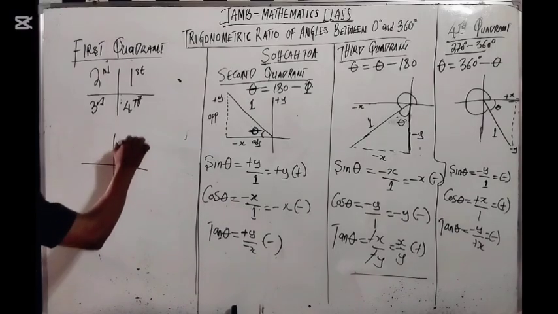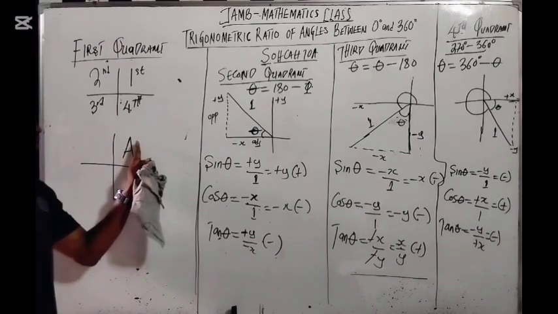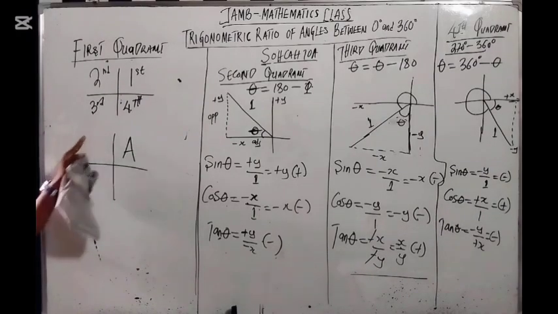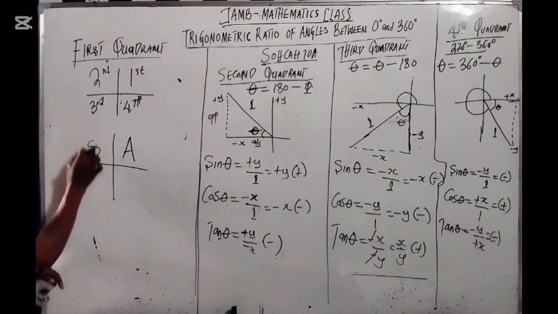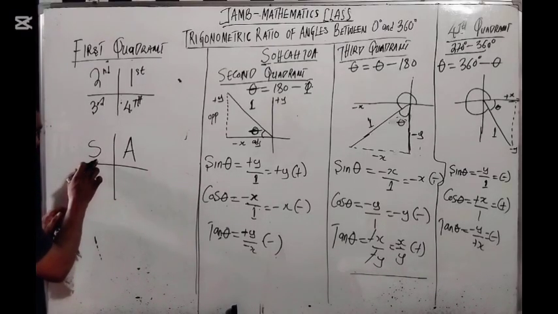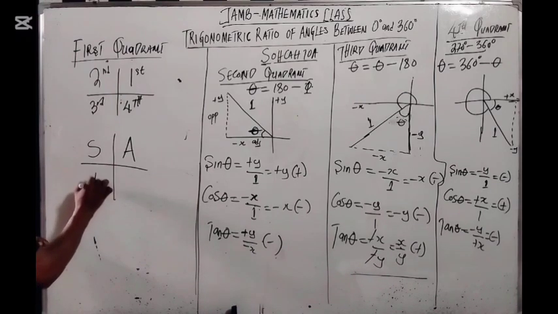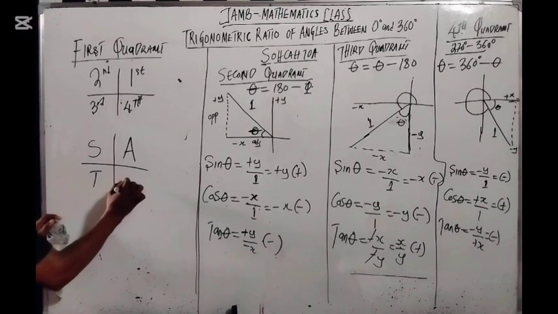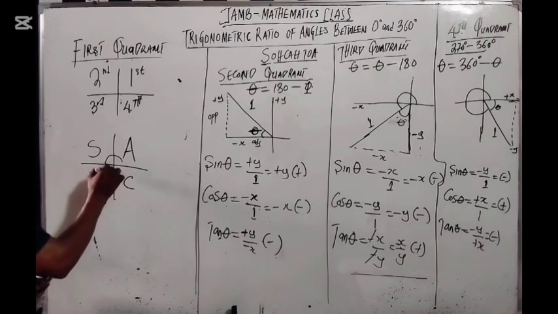Here we have A, which means that sine, cosine, tan are all positive. Then here we move to S: it means that only sine is positive at this point. Then here we have T: only tan is positive here. And here, only cos is positive here. So you move like this.